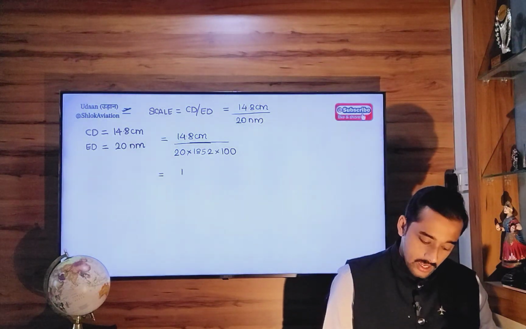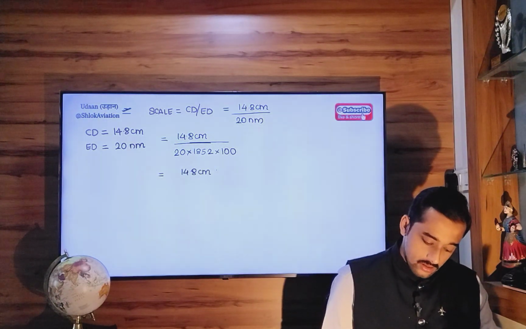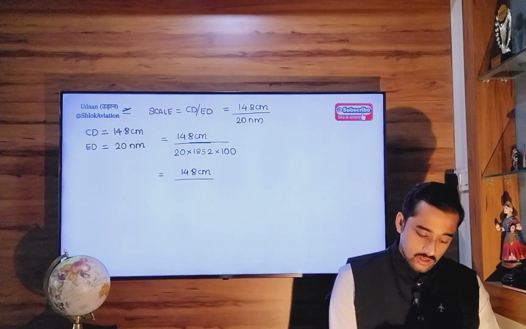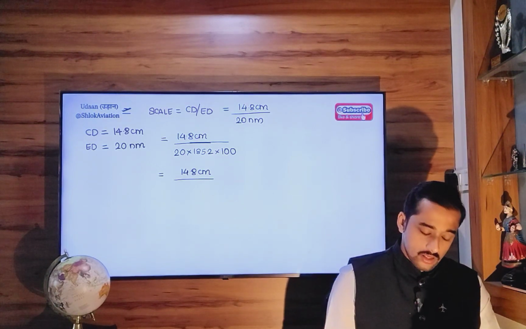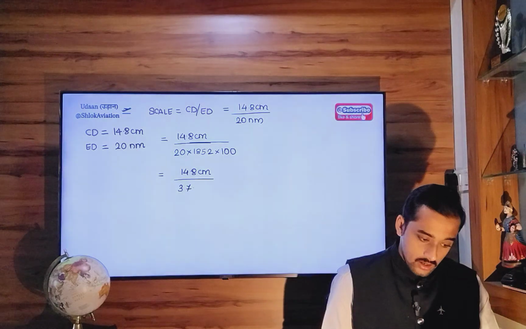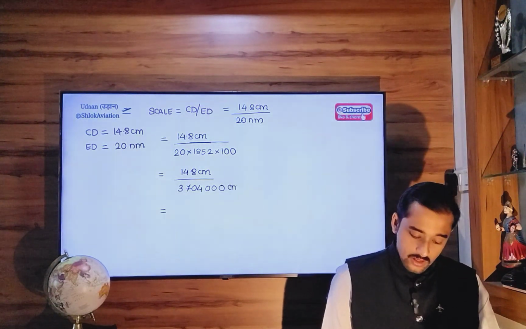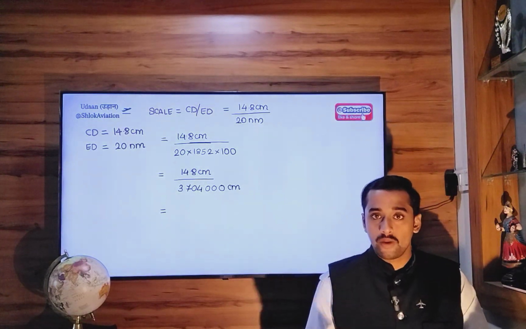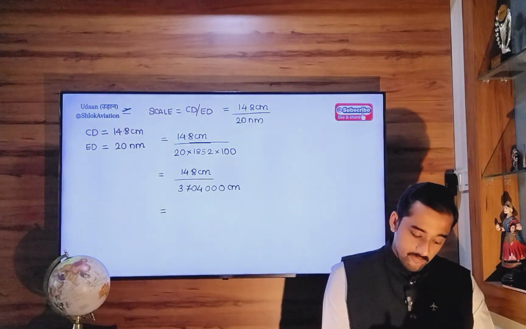Substitute the values. You get 14.8 centimeter divided by 20 nautical miles. So 14.8 centimeter, 20 into 1852 meter into 100 centimeter. So 14.8 divided by 20 into 1852 into 100. That is 374,000. Now bringing 1 in the numerator, we divide both numerator and denominator by 14.8.